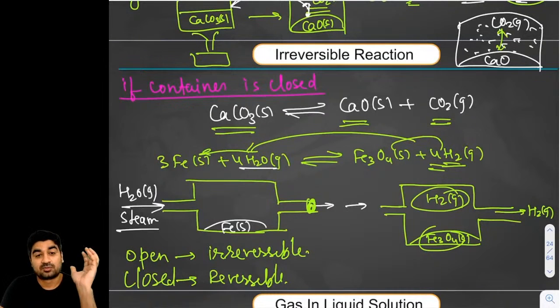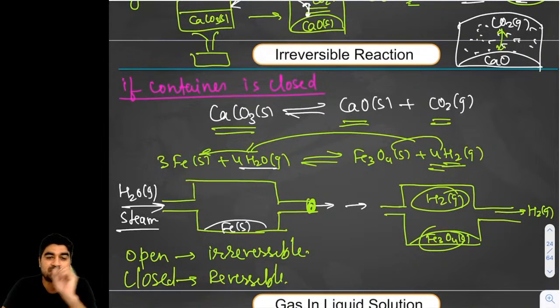So guys, from these two cases, I can say one thing for sure, that we can convert a reversible reaction into irreversible and an irreversible reaction into reversible. So you just have to take into consideration your vessel.